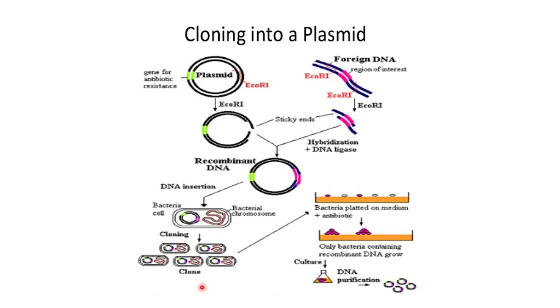Now only those bacteria which contain our recombinant DNA will grow, and after that we pick up a colony and give it growth in, say, LB culture or minimal media, in the different kinds of growth mediums, and after that we undergo DNA purification, that is plasmid extraction. After you get the plasmid, you again transform it into some kind of expression vector from which you can get your protein of interest.